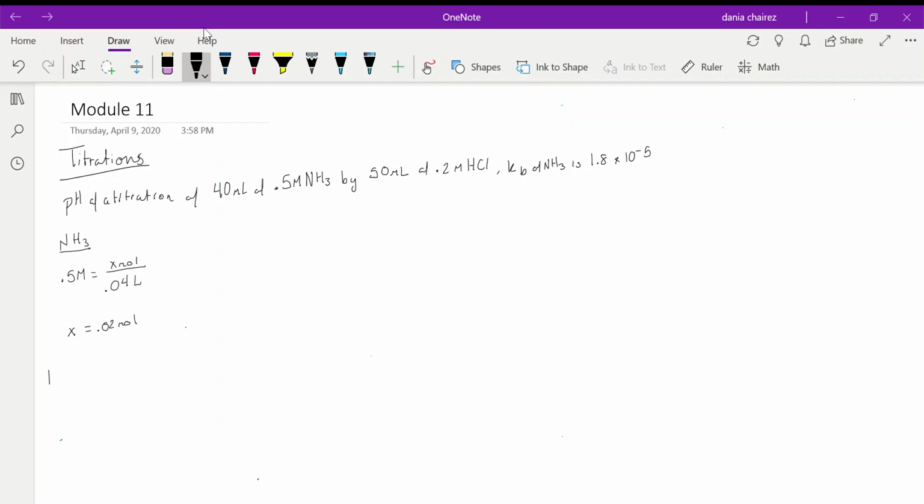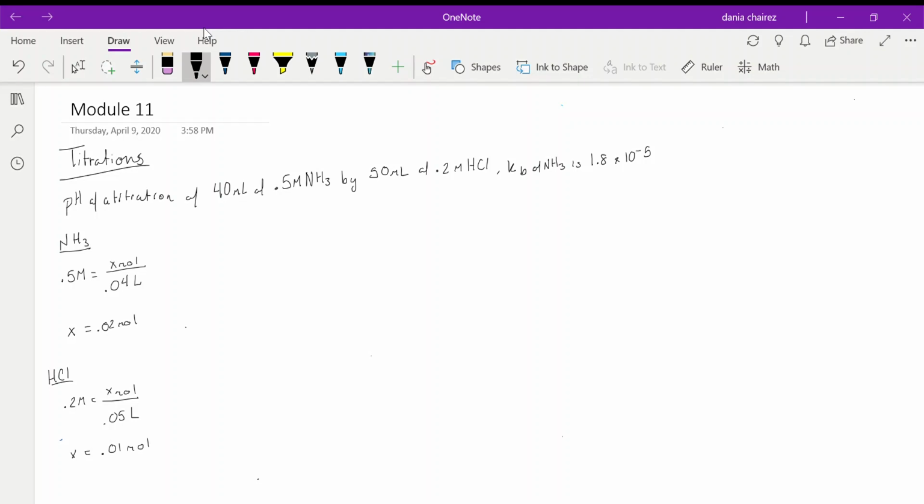So then now moving on to HCl, we have 0.2 molar is equal to X moles over, again, convert the 50 mils to liters by dividing by 1,000. So we end up with 0.05 liters. So X is equal to 0.01 moles.